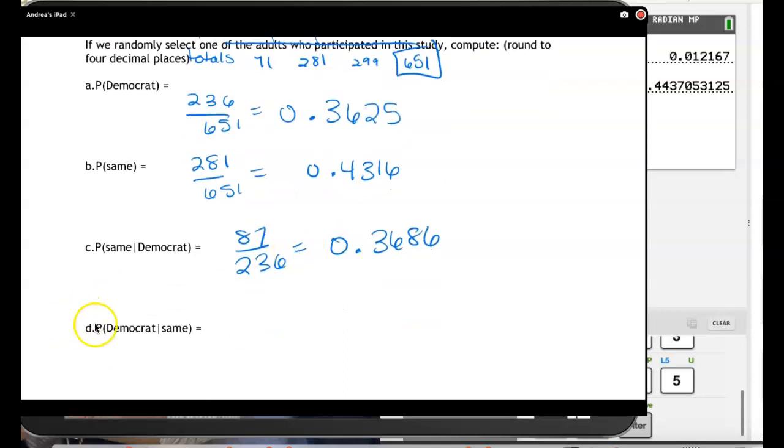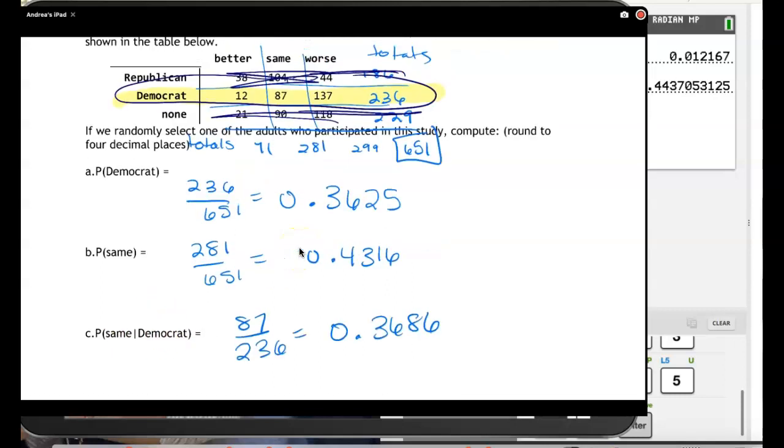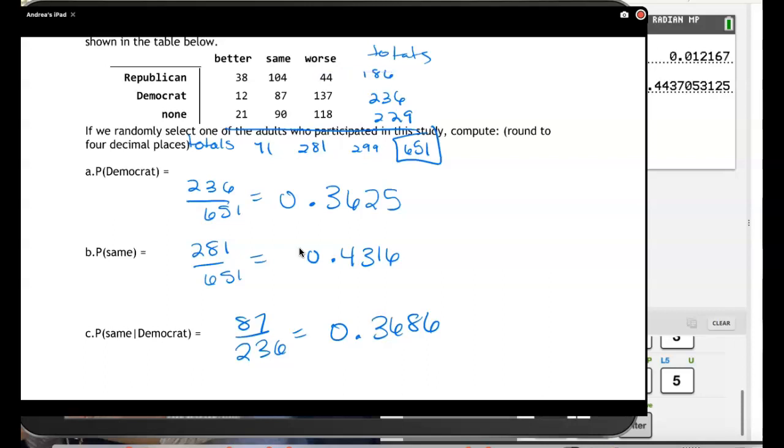Okay? Now this next one, we want the probability as Democrat, given they think the economy is the same. So of all the people that think the economy is the same, what's the probability they were Democrat? So what changes here is, now we're only looking at the people that thought the economy was the same. My 281, sorry, I don't know how I did that, but okay.